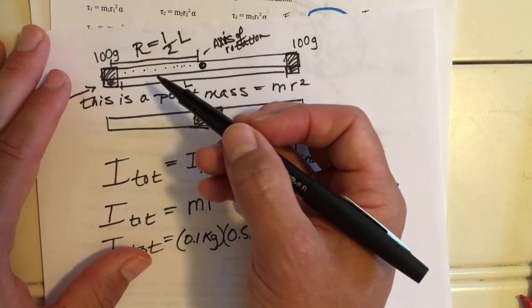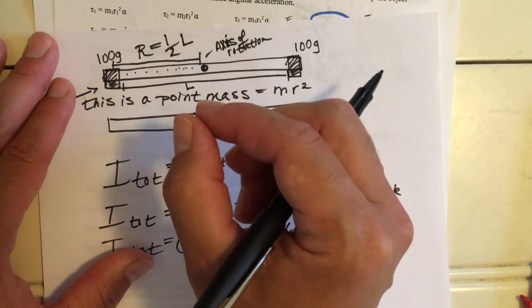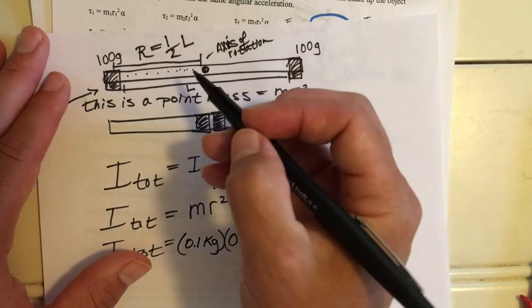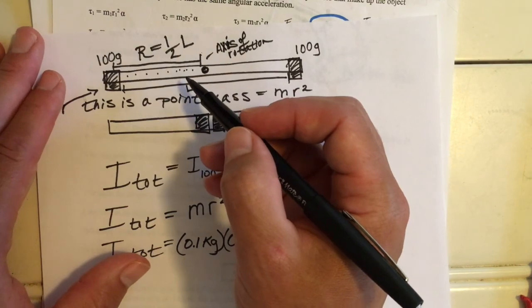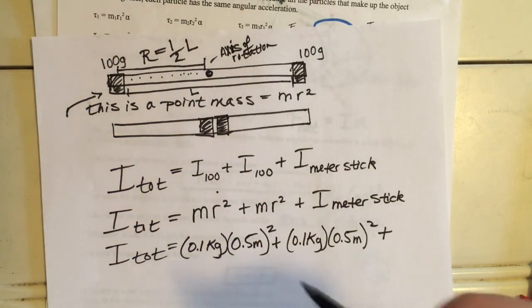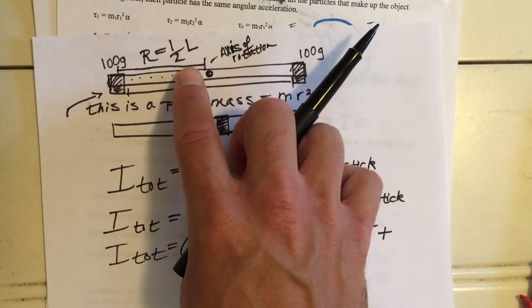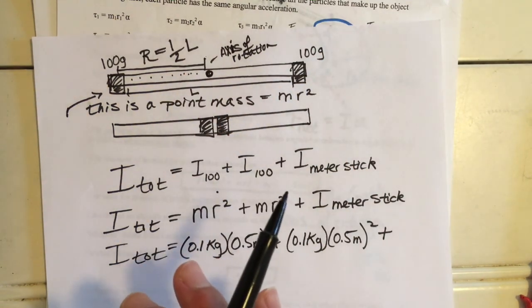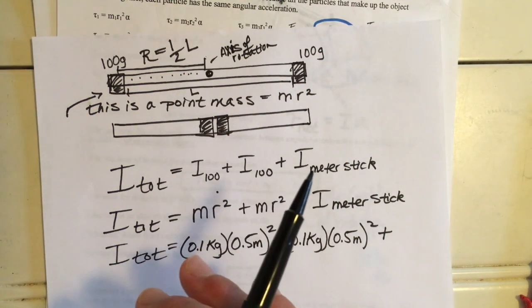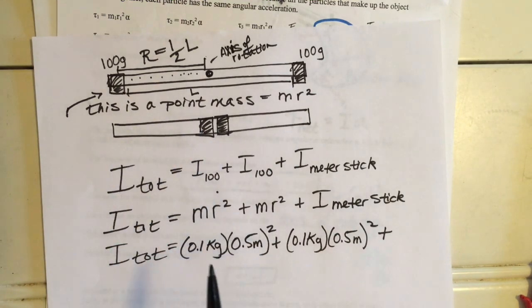We have these infinitely small masses that each have a moment of inertia, so we need some calculus. We need some way of dealing with infinitely small masses and adding all these up. So this is a job for calculus, for an integral.